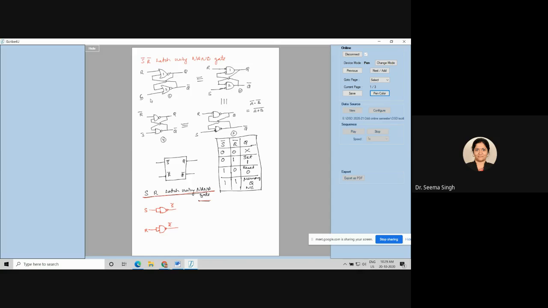Okay, so now you can see how things will change. Now I will put this in another gate like this, and you will have the same feedback type circuit here. Again, feedback type circuit here.